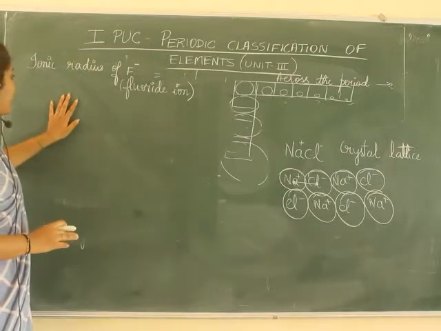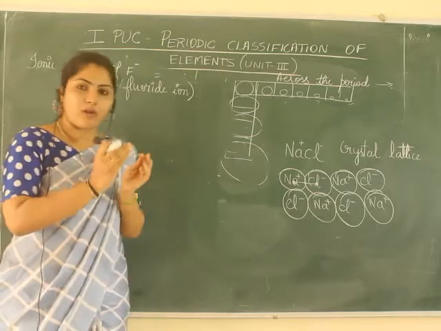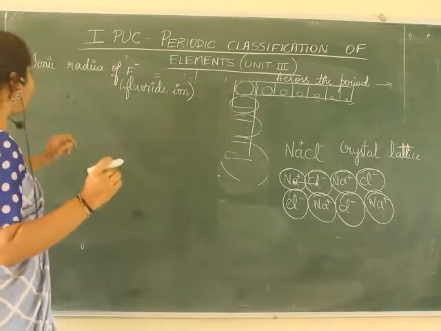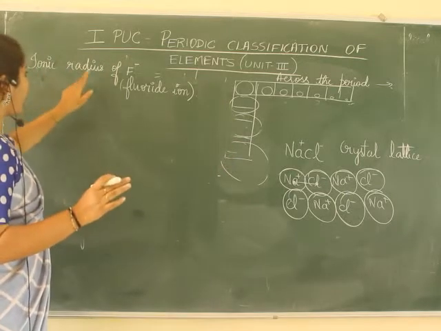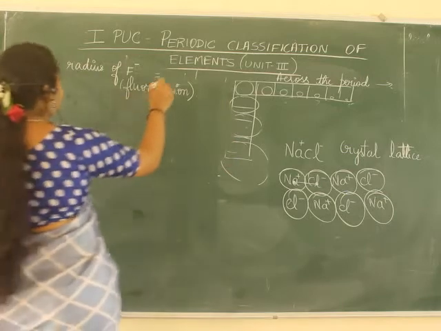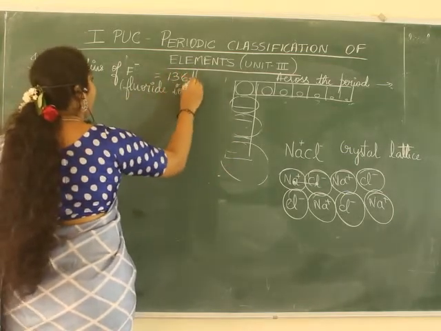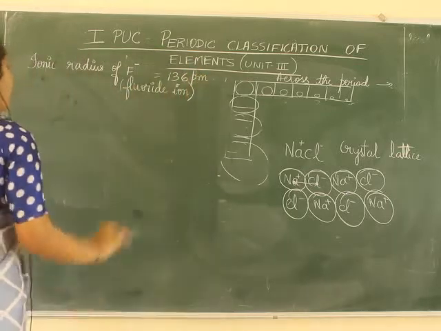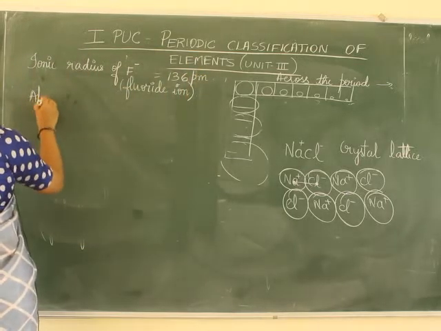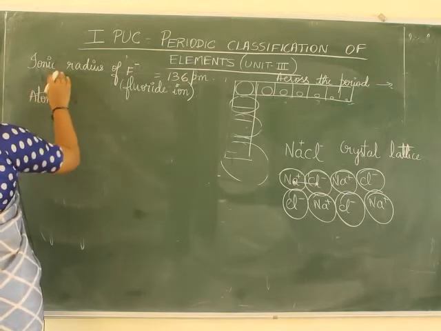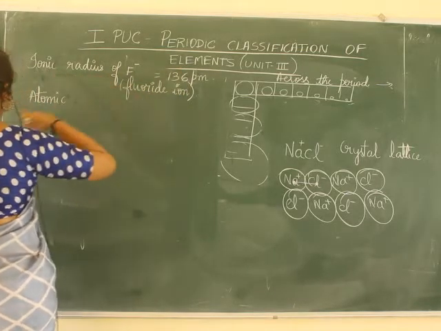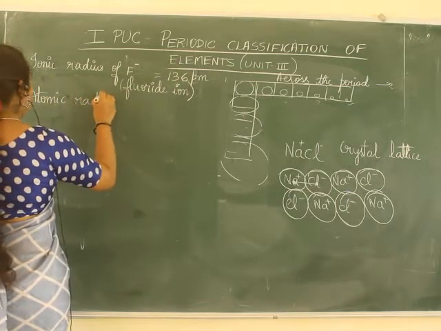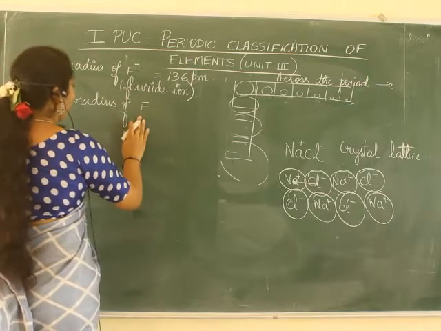Now example is, I was telling you that cation will have smaller size than parent, anion will have larger size than parent. How? An example. Ionic radius for fluoride ion is 136 picometer, whereas atomic radius of fluorine, now you don't call it as fluoride.